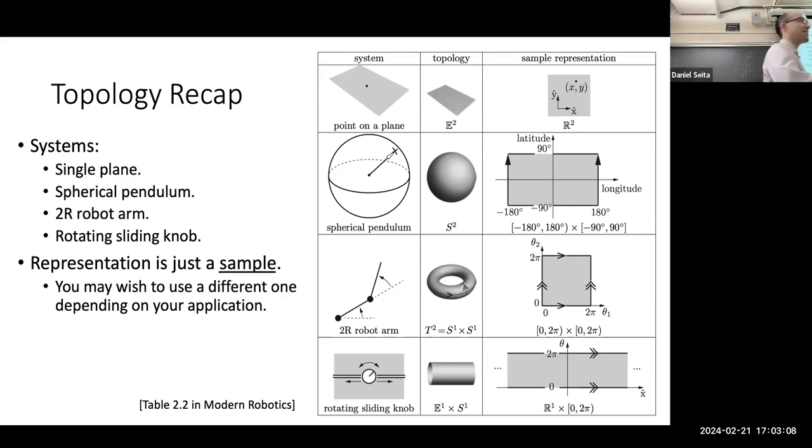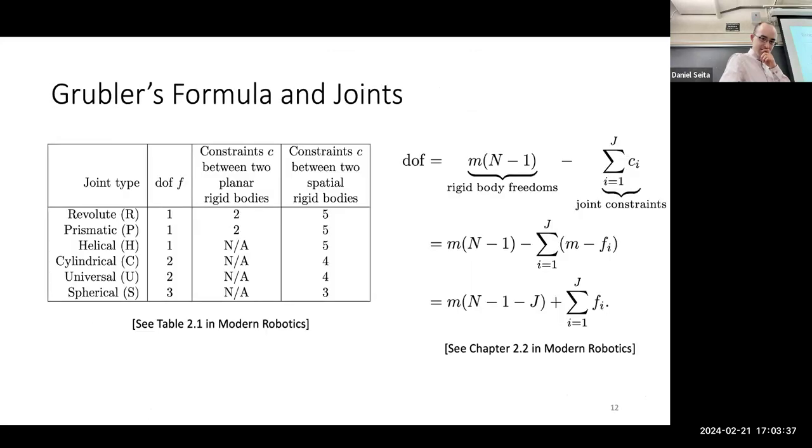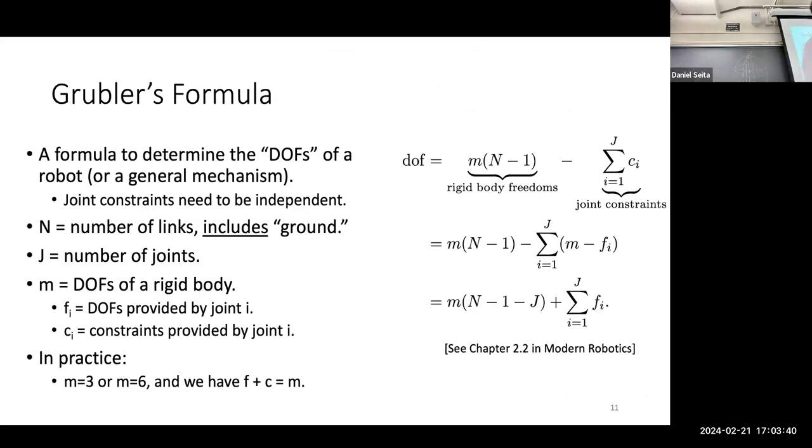Hey, you have a question about this? About the formula I used to calculate degrees of freedom? Oh, yeah. So in that, M is the degree of freedom of a rigid body. In practice, it's only going to be 3 or 6.